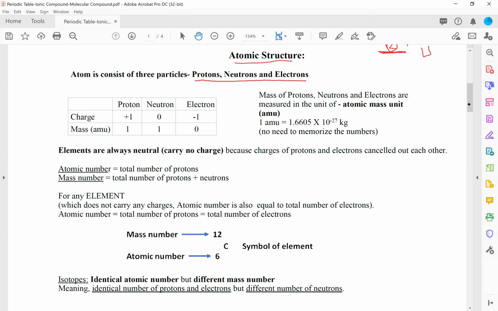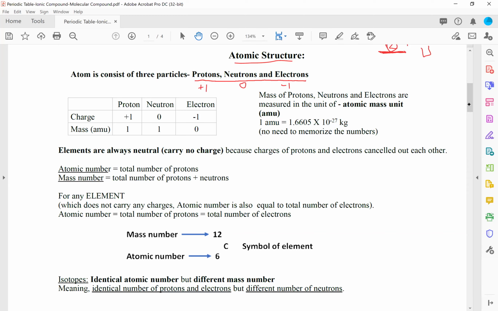Now, generally, when we talk about proton, neutron, and electron, we refer to the charges of these particles. So it is very simple to remember. Proton generally carries plus one charge, P for positive, right? Proton, positive charge. Electron, negative one charge. And the neutron, it sounds like neutral, it does not carry any charge. It means you can call it charge 0.